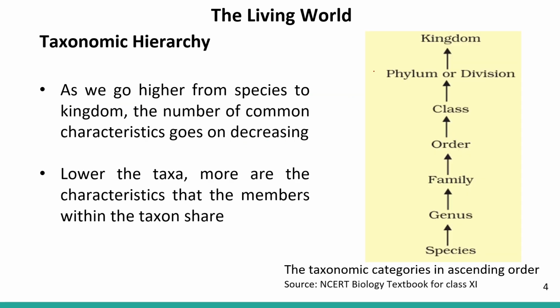Now you can see in this diagram, each one is a taxonomic category: kingdom, division, class, order, family, genus, and species. These are very broad taxonomic categories. You can also call categories ranks.